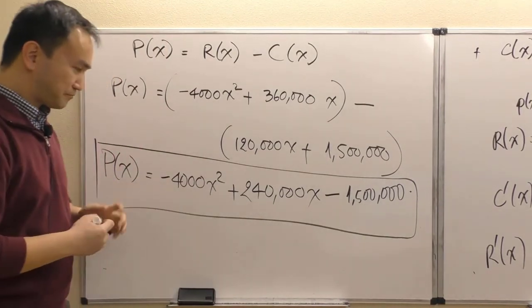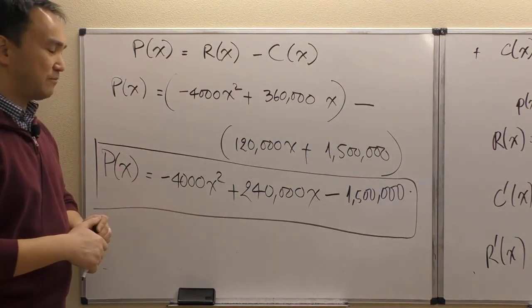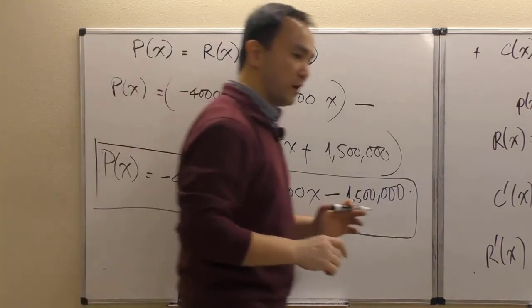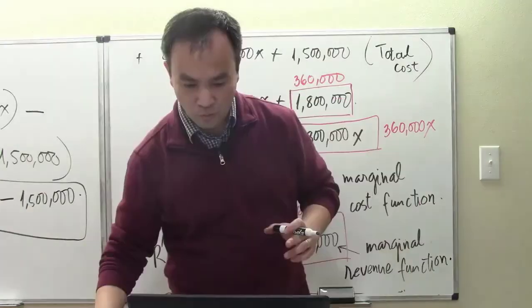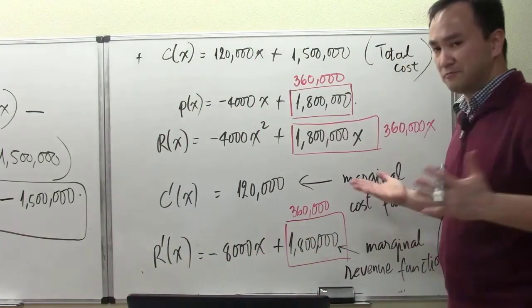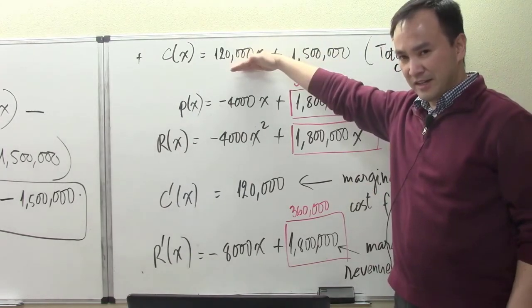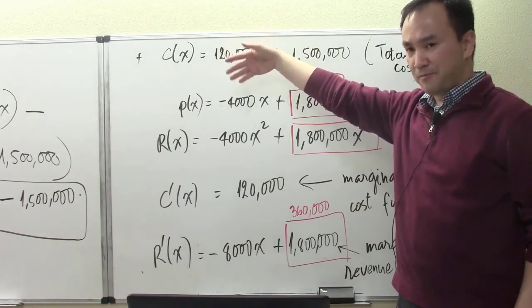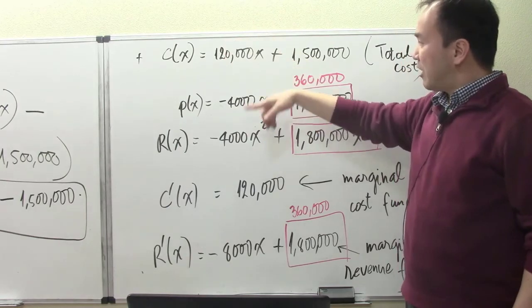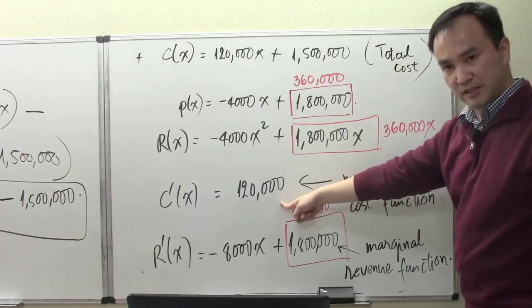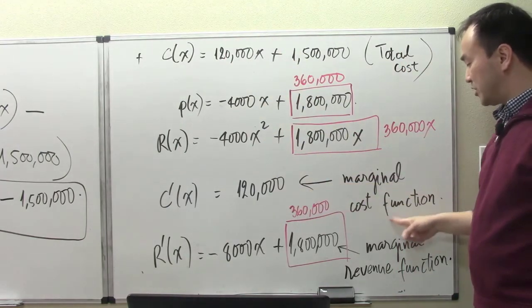But now right here, we've gone a long way with one page of worded information, and we found so much. We found a cost function, and consequently we came out with the average cost function, and by taking the derivative, which is a calculus concept, we came up with the marginal cost function.